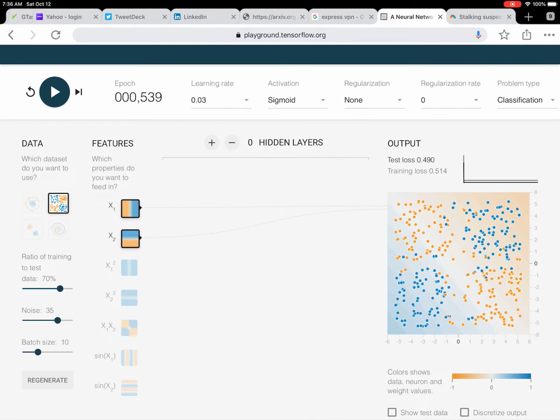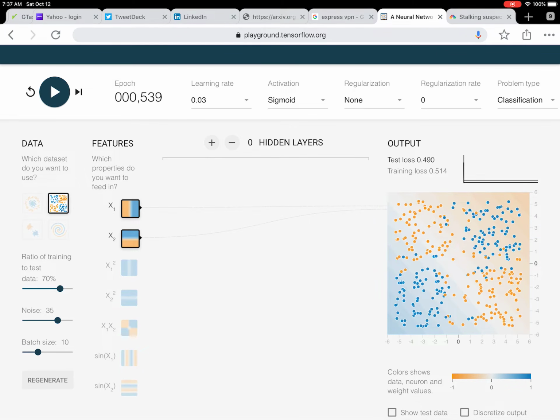You are getting input features x1 and x2, and you're deriving additional input features by squaring them, multiplying them, etc. In fact, in the features column here, not only do you have x1, x2, you also have x1 squared, x2 squared, x1x2, sine x1, sine x2. Notice that if I know the values of x1 and x2, I can compute each of these other features.